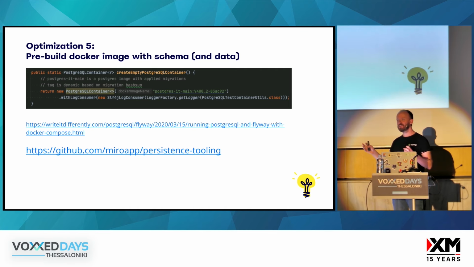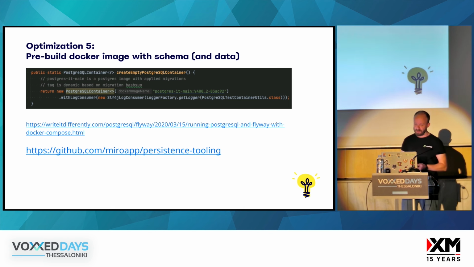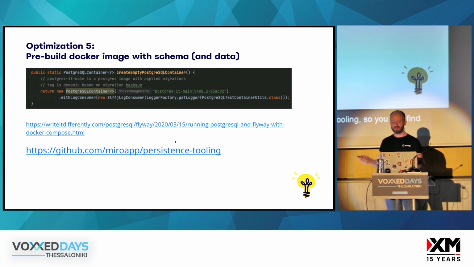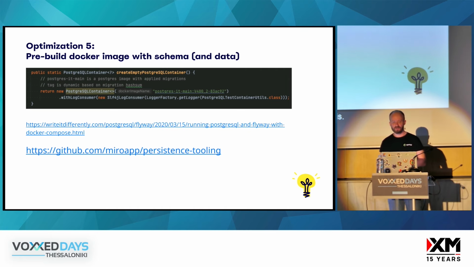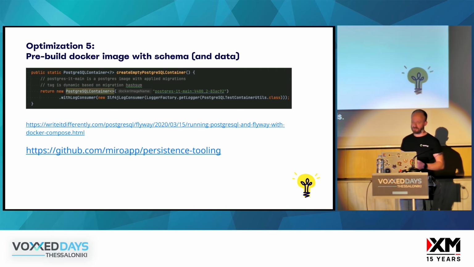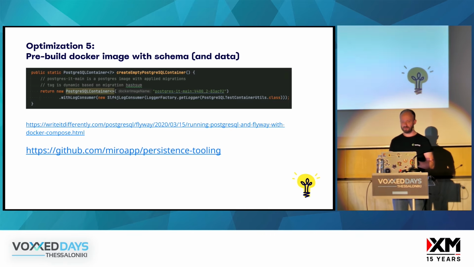You can pre-create Docker images with all migrations applied. Mira open sourced their solution, which is called persistence tooling. So you can find examples here and the documentation on how you can create this in your code base. This can inspire your test engineers and is also a good optimization that we use in our projects.